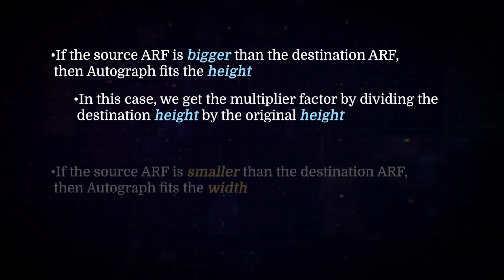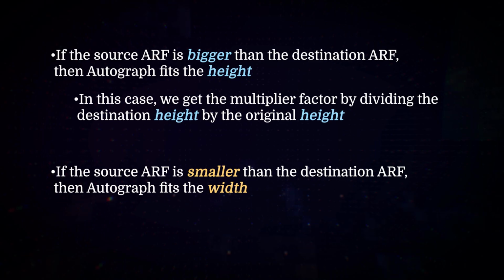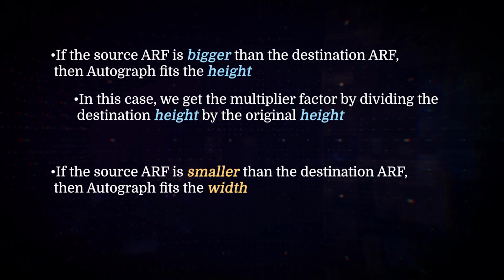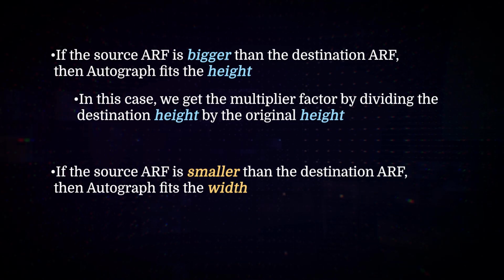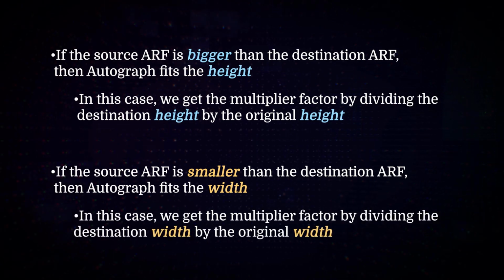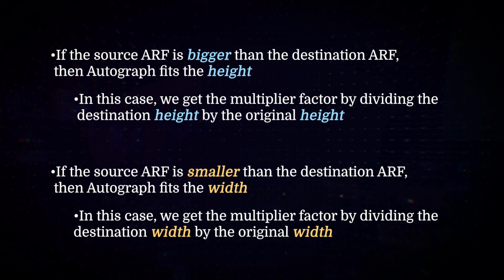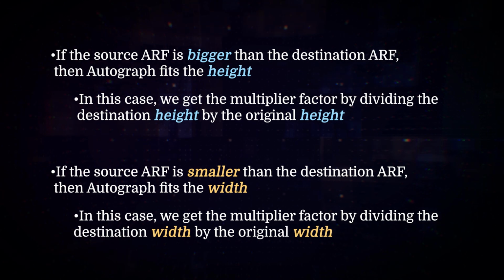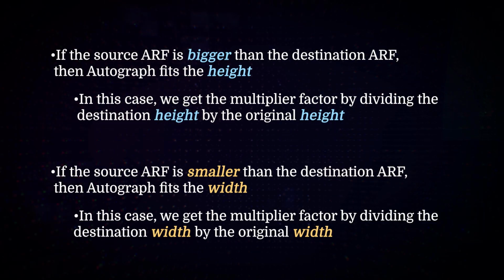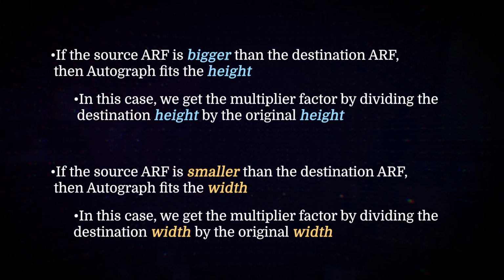And remember that when the source ARF is smaller than the destination ARF, then Autograph fits the width of the source to the destination. And in those cases, the multiplier factor is generated by dividing the destination width by the original width. Whew. Okay, so that was a bit more math than I'm usually comfortable with, but it wasn't too bad, right? And armed with this new knowledge, we're ready to jump into the full power of responsive design, looking at more advanced tools in the next tutorials.